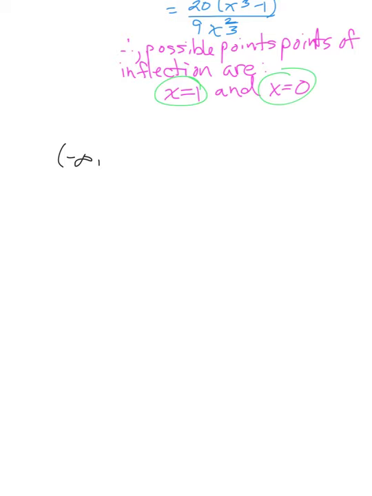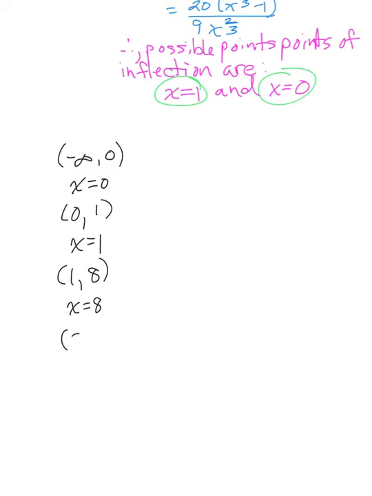Our smallest number out of steps 2 and 3 is going to be 0. And we have to stop and evaluate x at 0. And then we're going to go from 0 to our next smaller number, which is 1. Then we have to stop and evaluate x at 1. And then we're going to go from 1 to our next number, which is 8. We have to stop and evaluate x at 8. And then finally we can go from 8 to positive infinity.